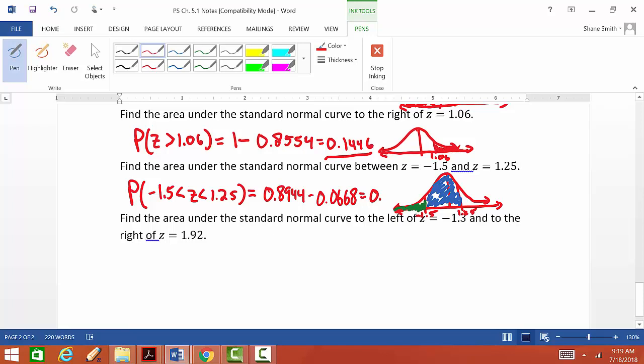Okay, let's see. So that's 0.3. So that's 0.8276, I think. Okay.